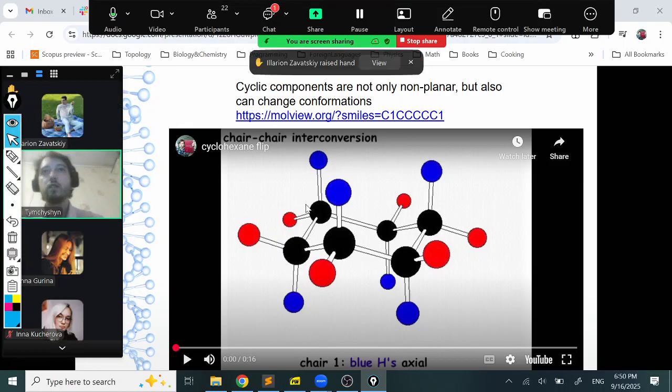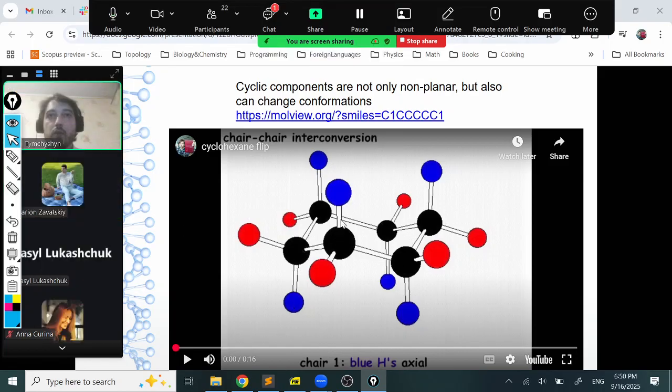Oh yes, I see a question. Yes, please. So equatorial, that means that they completely fulfill, or what exactly? You see that axial hydrogens are vertical. So you have this sort of strange construction, and some hydrogens have bonds that are just standing vertical. So these are axial.